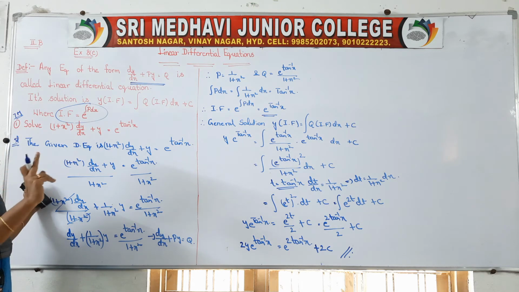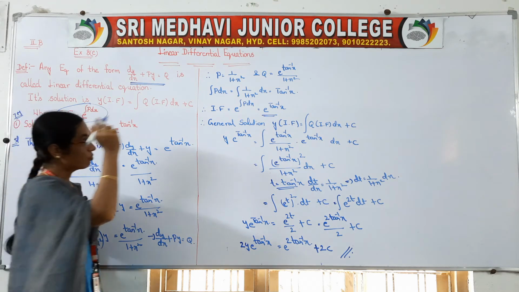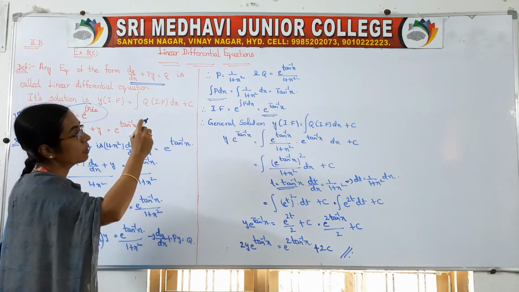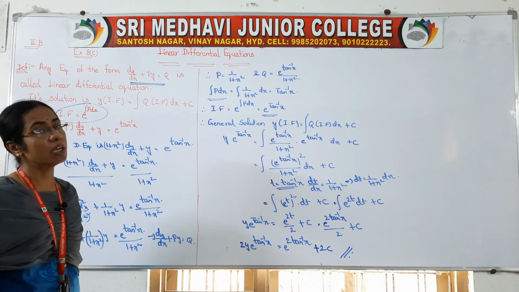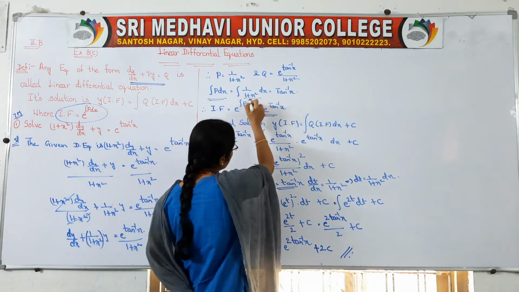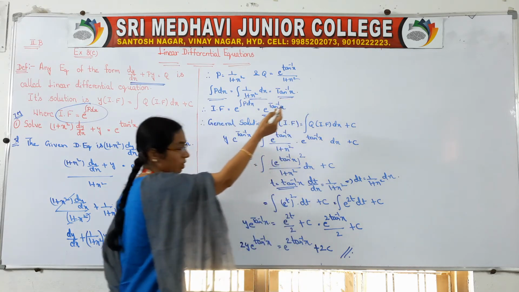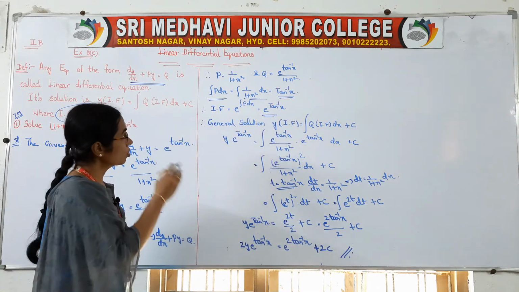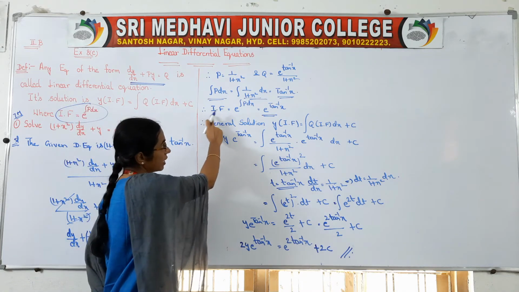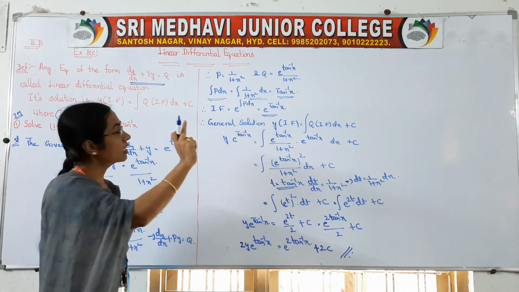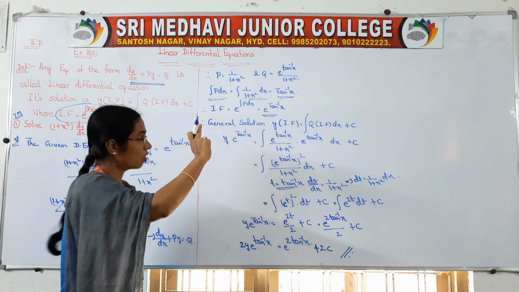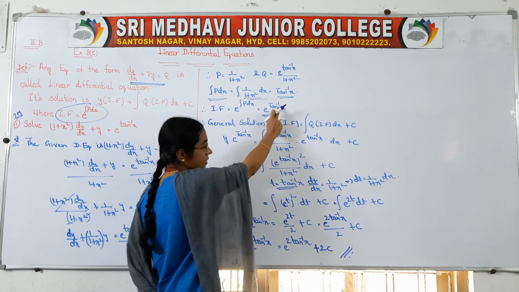Once we know p value, right, you find out integral p dx value. So integral 1 by 1 plus x square dx is a standard formula, tan inverse x. So you got integral p dx, then you find out integrating factor. So what is integrating factor? E to the power of integral p dx. Already we got integral p dx is tan inverse x.